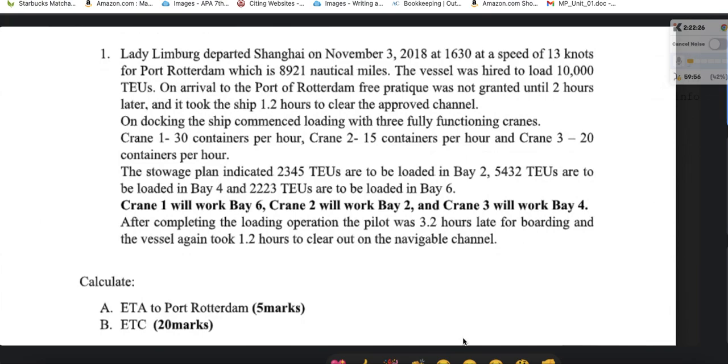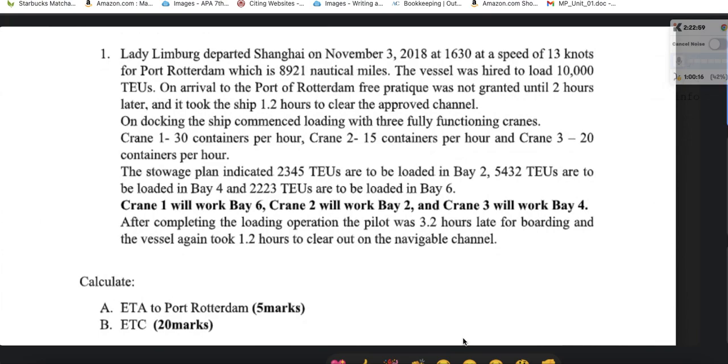And you might think, oh, I'm finished. No, you're not finished, because ETA is not finished until the vessel is docked. So it says on arrival to Port Rotterdam, pratique was not granted until 2 hours later, plus it took the ship 1.2 hours to clear the approved channel.